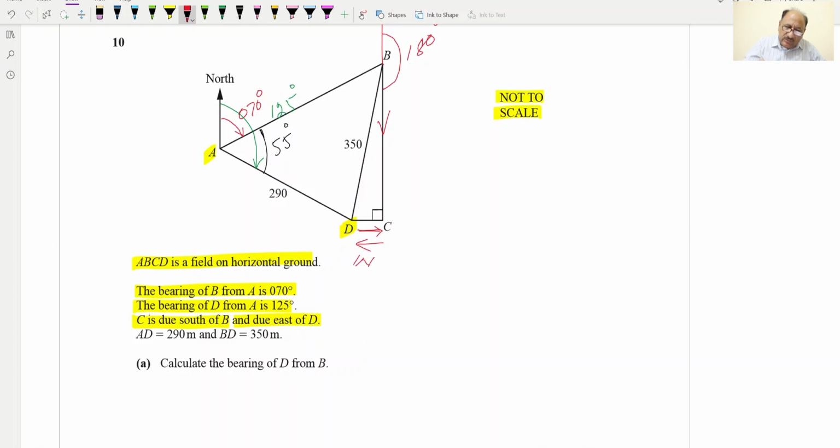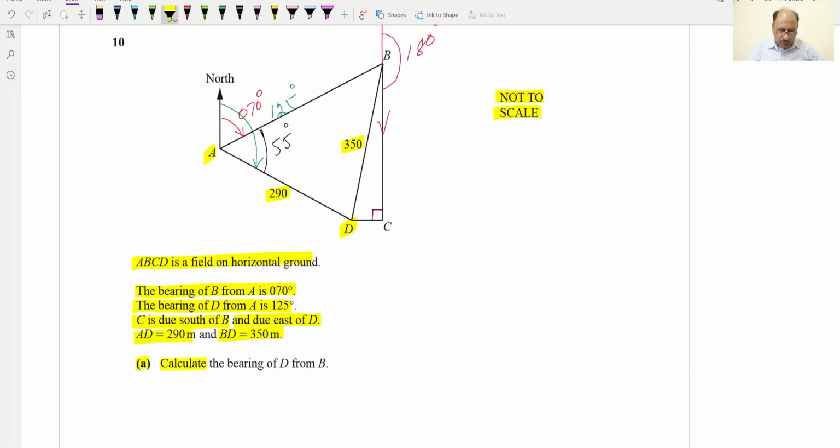If we take this direction, it will be north. So this is 90 degrees, which they have already indicated. This is for your understanding. I have drawn everything. Now they are saying AD is equal to 290, which they have indicated, and BD is equal to 350, which is also indicated.